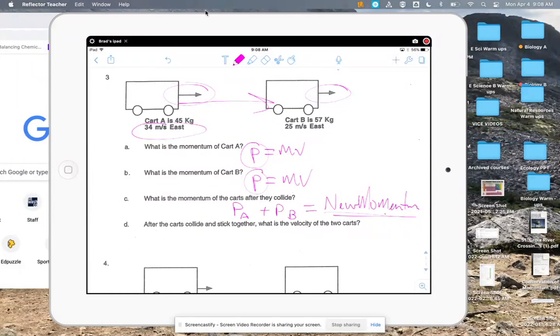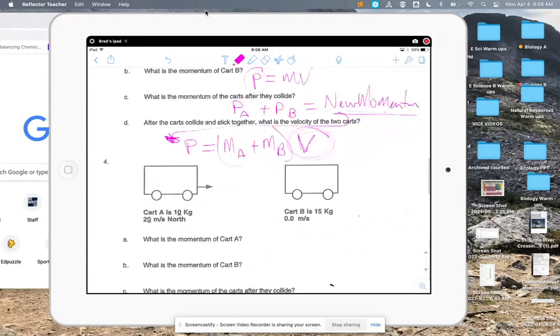You're going to take that new momentum, down she comes right here, the combined momentum of cart A and cart B, P, and you know their masses from up here, 45 kilograms and 57. So mass A plus mass B multiplied by V. And that should give you the velocity of these two carts once they combine with each other.